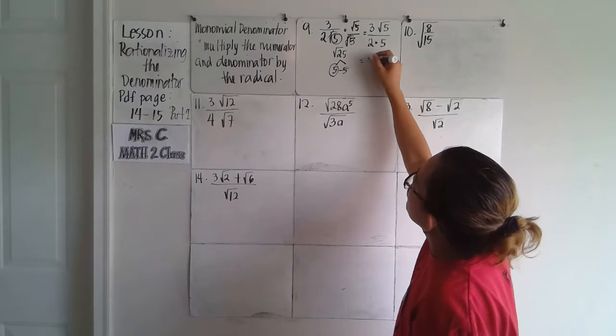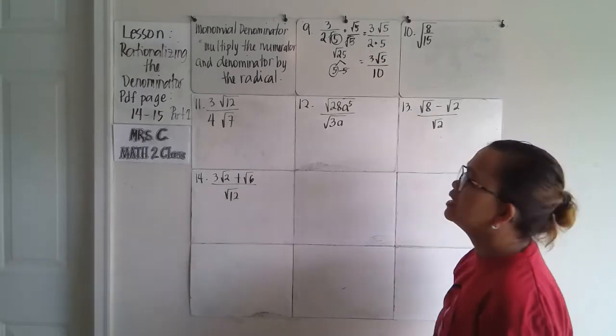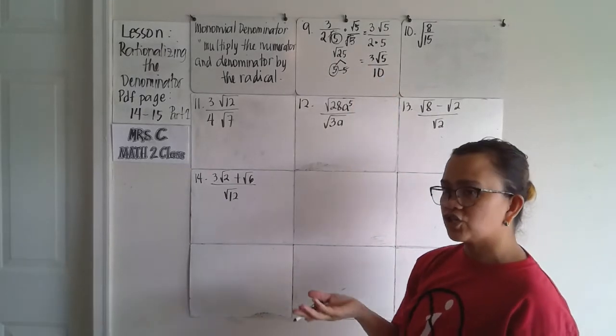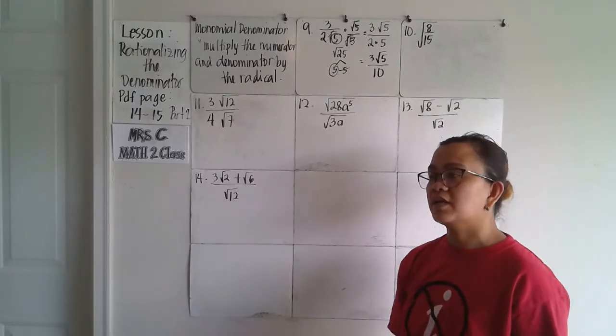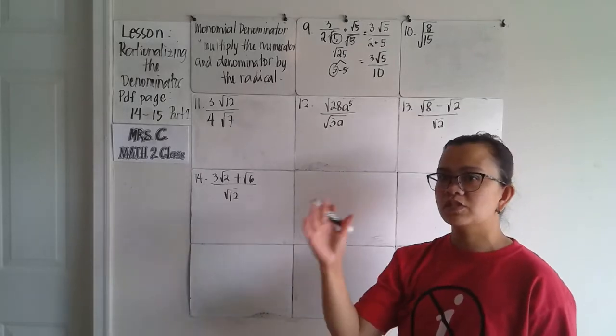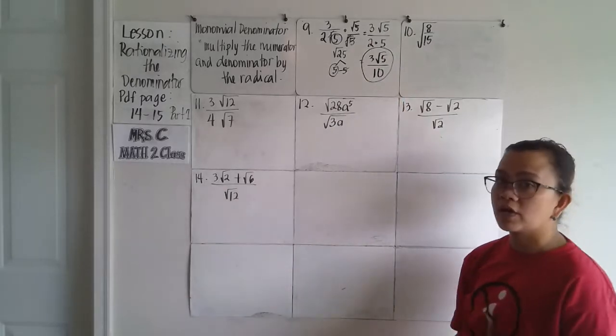So the answer will become 3 square root of 5 over 10. Now, 3 over 10 is a prime fraction, which we cannot simplify anymore. They are not divisible by each other, and there's no number which is divisible in both of those numbers. So we can have these as our answer.